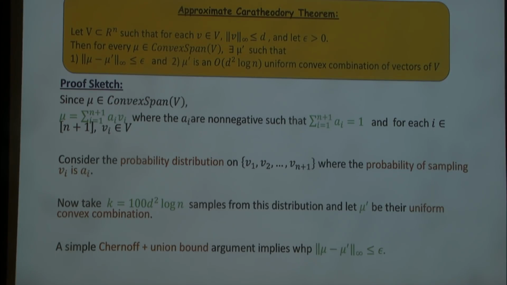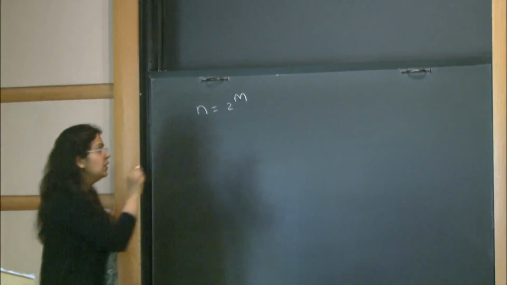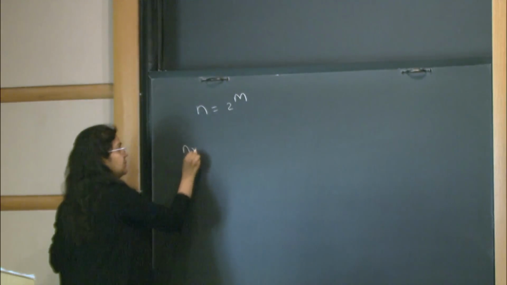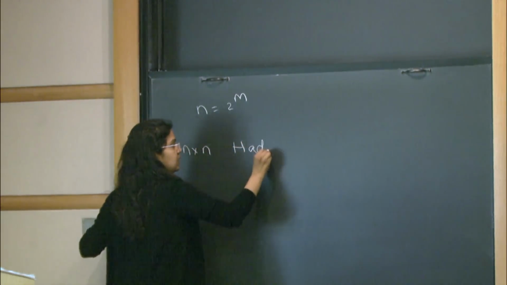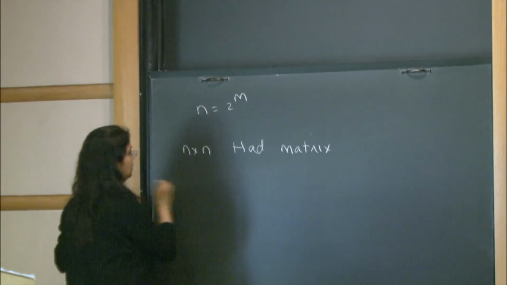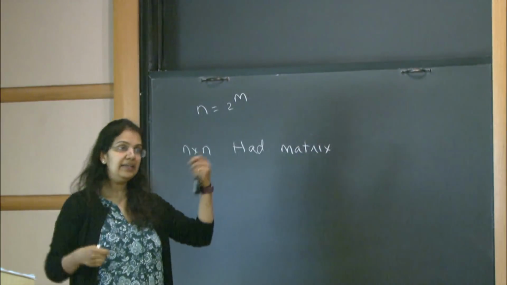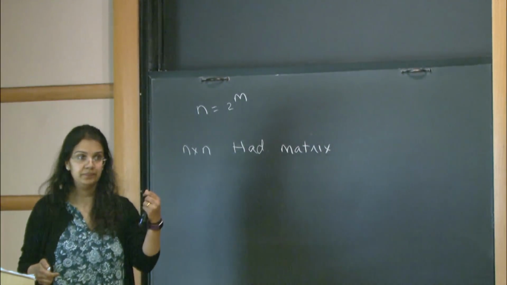Okay, let me actually give you this example. Maybe I won't prove all the details, but let me tell you what Ramprasad's example is. Let n be 2 to the m, and we look at the n by n Hadamard matrix. You think of every column and every row being indexed by a vector in F2 to the m.